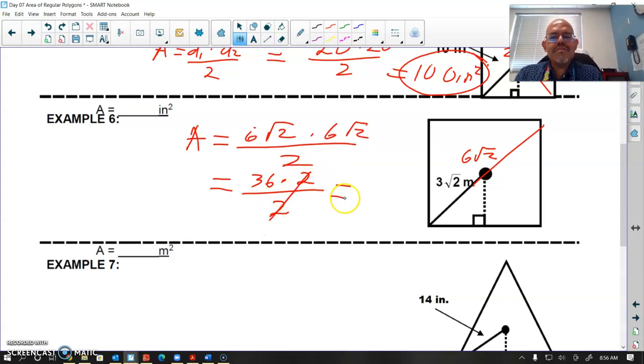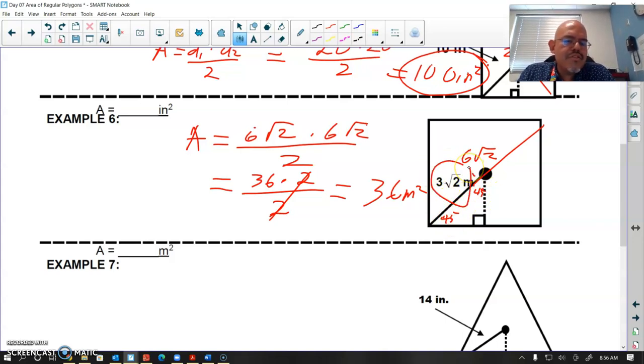These two cancel, so 36 meters squared. You could also use the fact that this is a small 45, 45, 90. You take 3 square root of 2 divided by square root of 2, that gives you 3. So this side is going to be a total of 6 by 6. 6 times 6, 36.